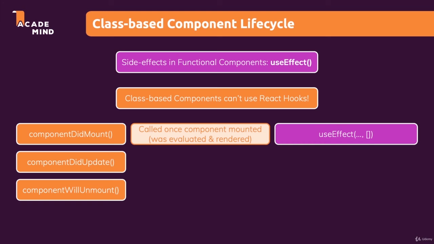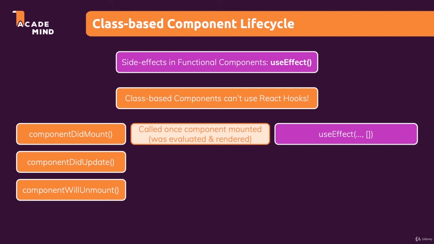And every effect function is executed when the component first is mounted. But if you have no dependencies, if you have an empty dependencies array, the effect function is only executed in that case. So adding useEffect with an empty dependency array is basically your equivalent to componentDidMount. And we're going to see componentDidMount in action in just a second.